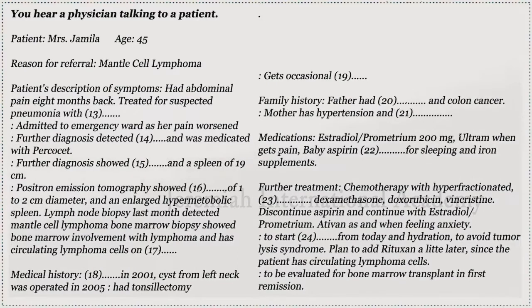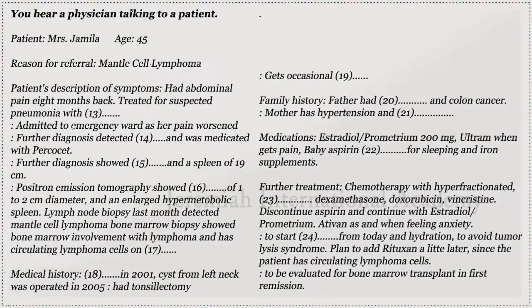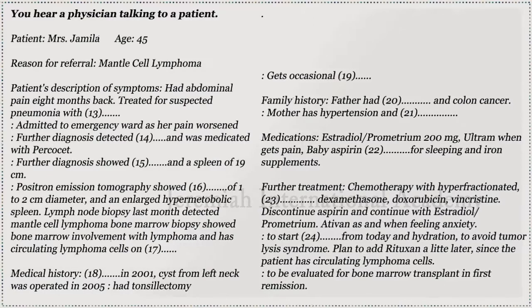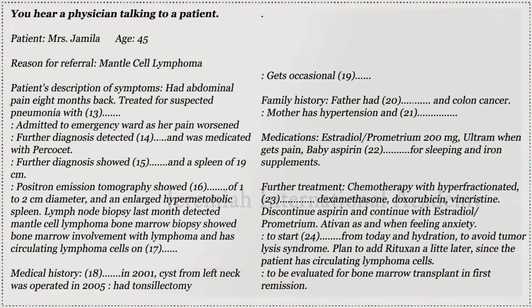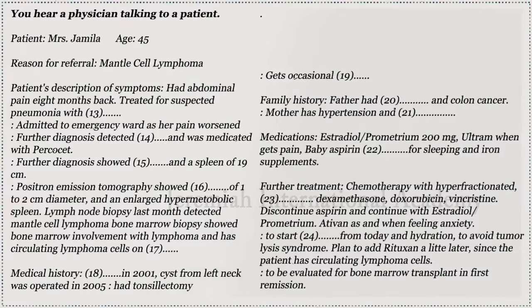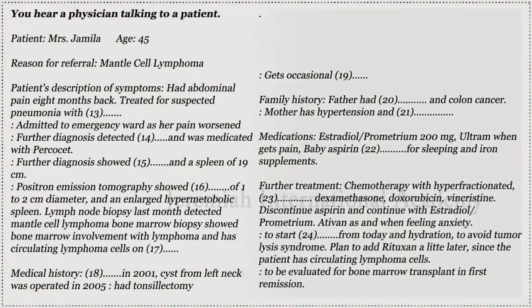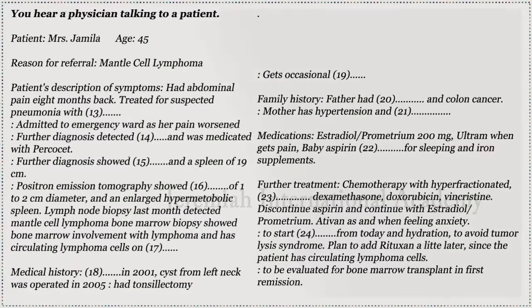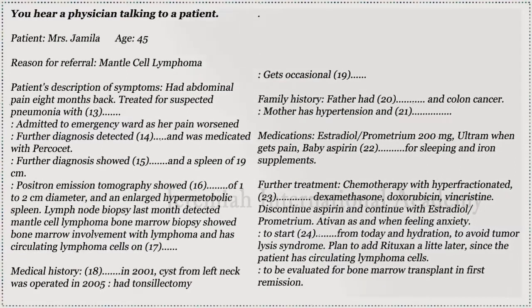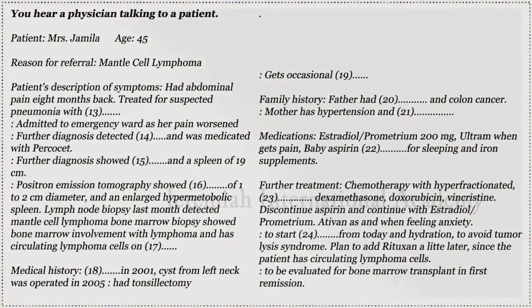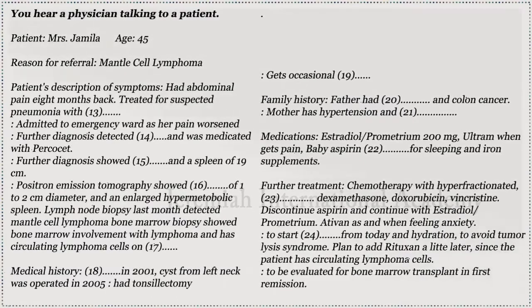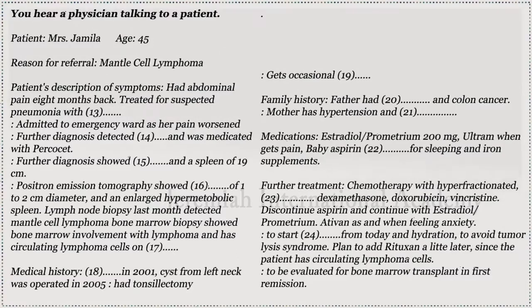My positron emission tomography scanning showed diffuse hypermetabolic lymph nodes of 1 to 2 centimeters diameter and an enlarged hypometabolic spleen. Finally, I had my lymph node biopsy on the right side of my neck last month, and mantle cell lymphoma was detected. 2 weeks ago, I had a bone marrow biopsy that showed involvement of bone marrow with lymphoma and also circulating lymphoma cells on peripheral smear.